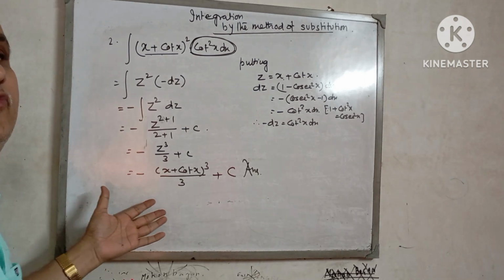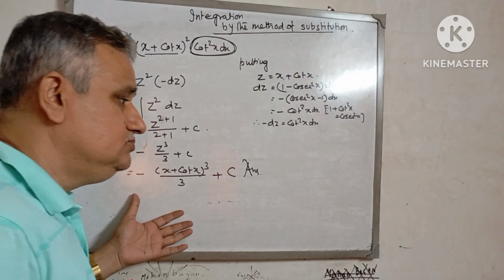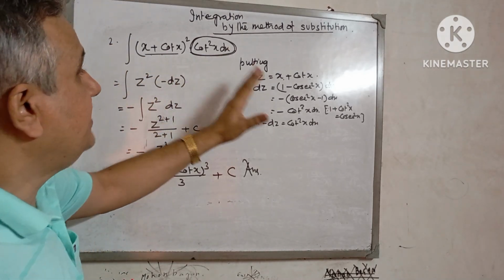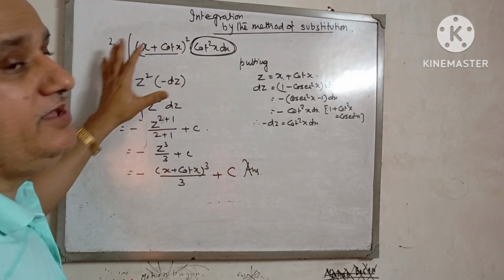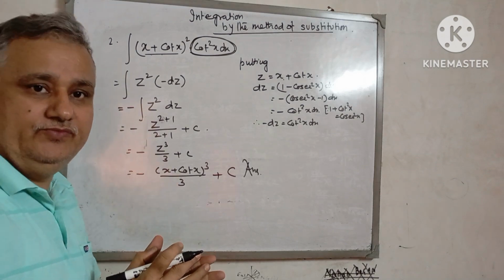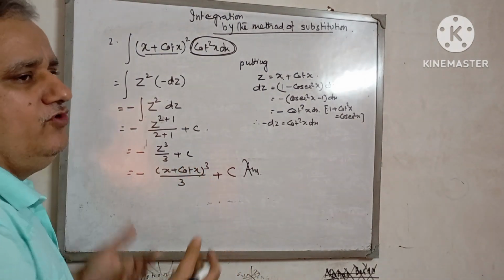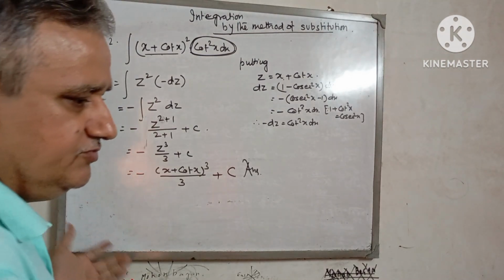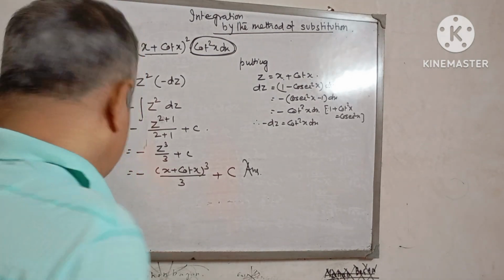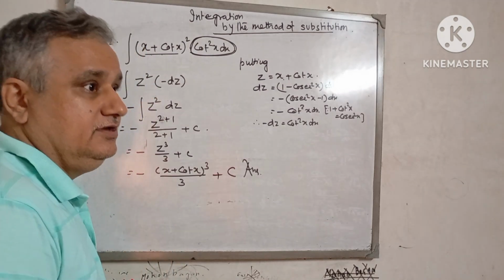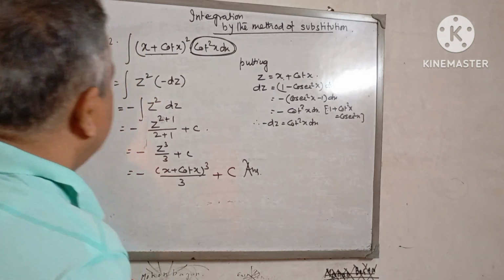We have to put in such a way that it becomes a standard form. Then we can integrate by the formula written before. So putting is the essential part here.